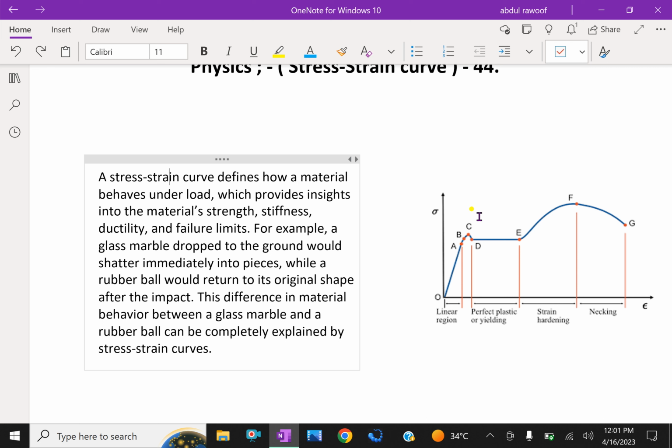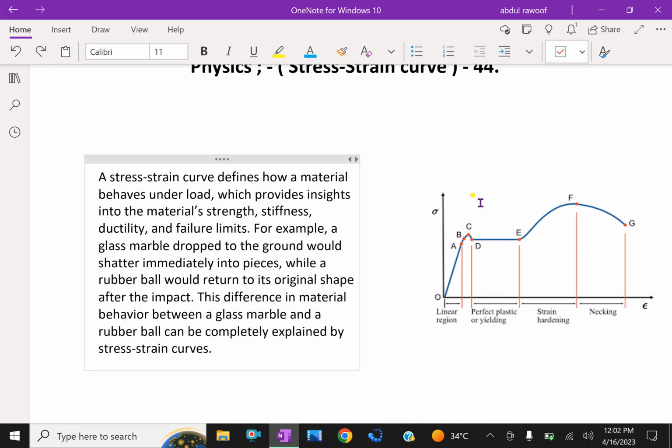When the load is removed, say at the point C between B and D, the body does not regain its original shape. After removing the load, the stretched body will not come back to its original shape. In this case, even when the stress is zero, the strain is not zero.